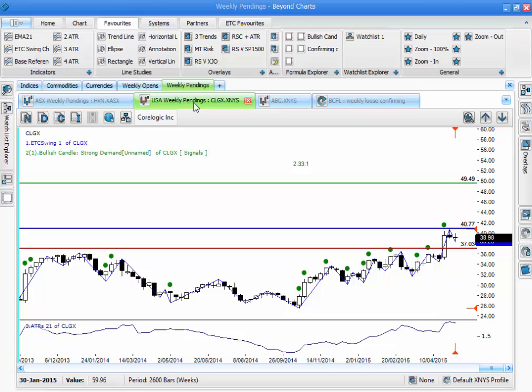So around about close to 130 less hits, just on the basis that the scan results I was asking Beyond Charts to show me those scan results that only had those bullish candles when we'd had a bit of a retracement, and that was useful, and it's something that I'll certainly be integrating as we go forward.